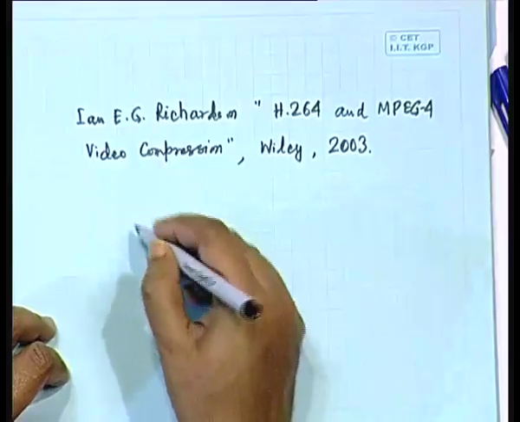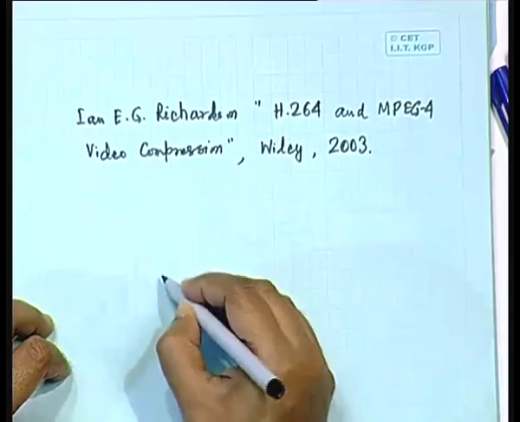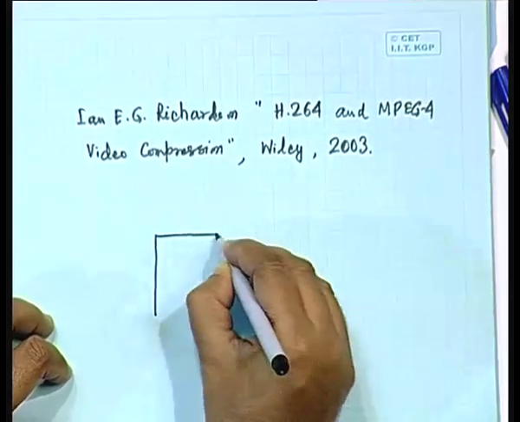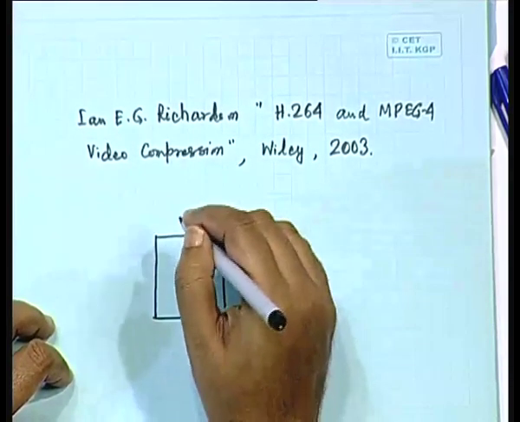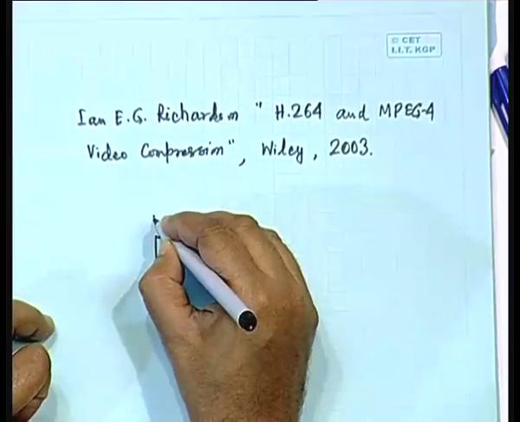So, let me make a mention about that. In mode 2, what is being done is something like this: supposing we have a 4 by 4 block which is to be intra predicted. So, we are labeling the pixels as follows.